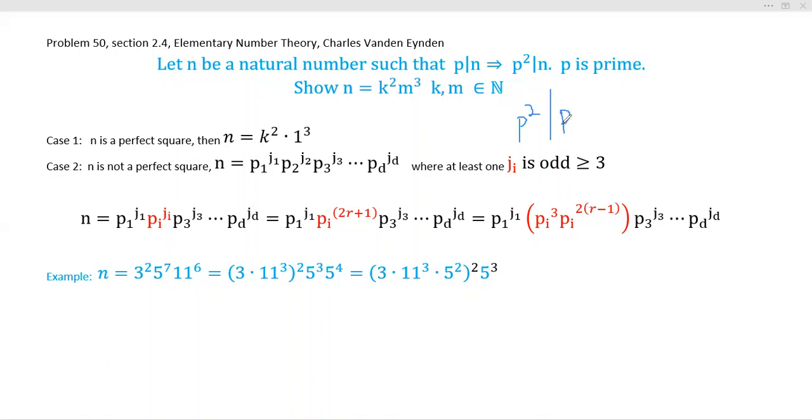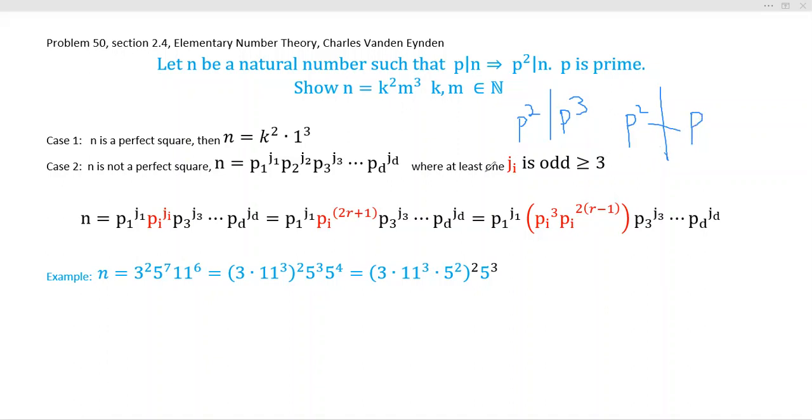But it's not the case, and this is clear, but I think it's worth writing down, that p squared divides p. I'll put a little slash through here to negate the division. So that's why we have to start at 3.